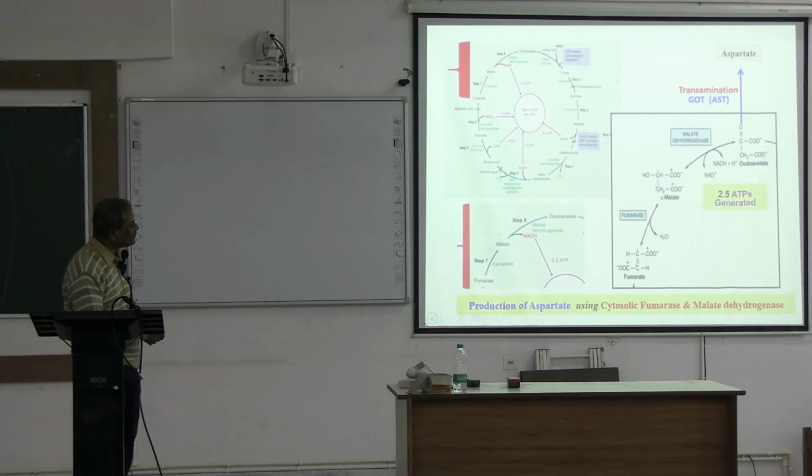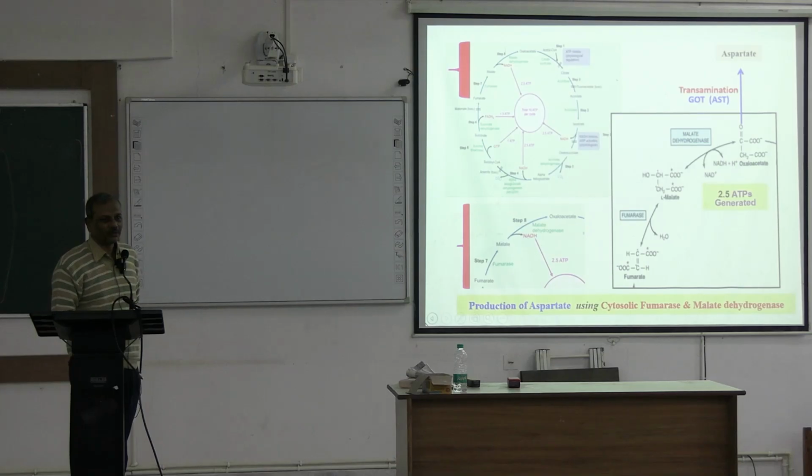Now, oxaloacetate cannot participate directly. Yesterday I told you there is a transamination reaction, and through a reaction called aspartate transaminase, or glutamate oxaloacetate transaminase, this oxaloacetate will be converted into aspartate, and now it will act as a continuous supplier of aspartate to allow the cycle to operate.